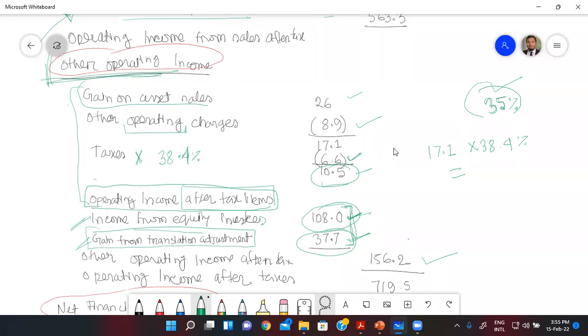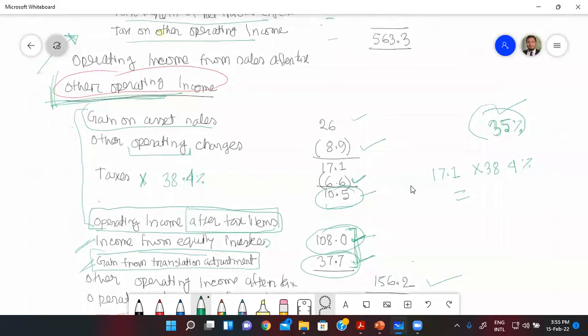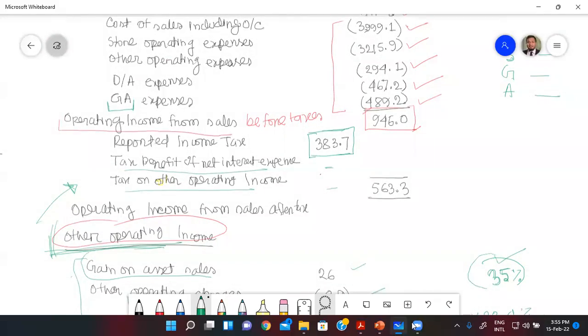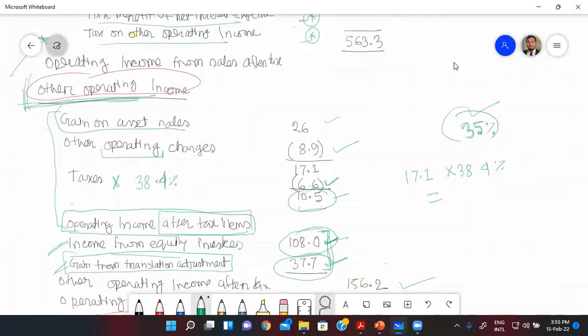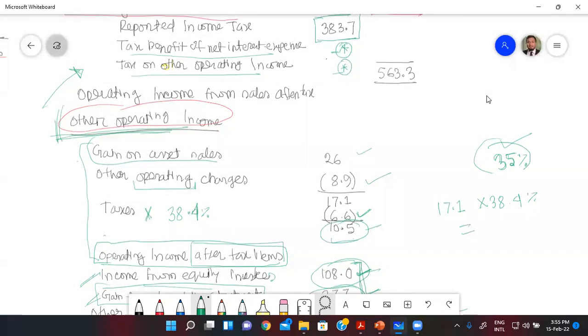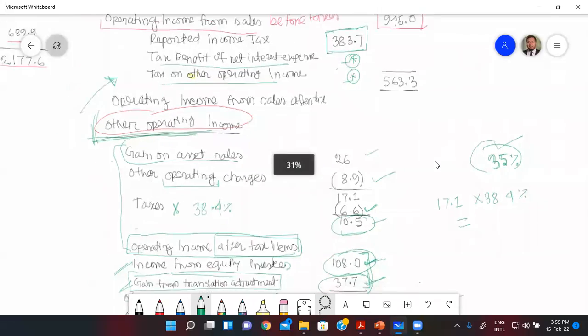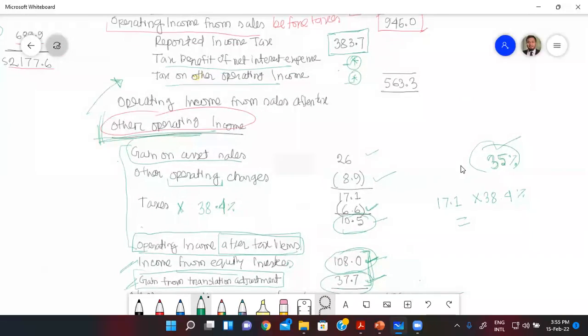Okay, you see that, have we got any amount from the other operating income section which should come here? Taxes on other operating income.